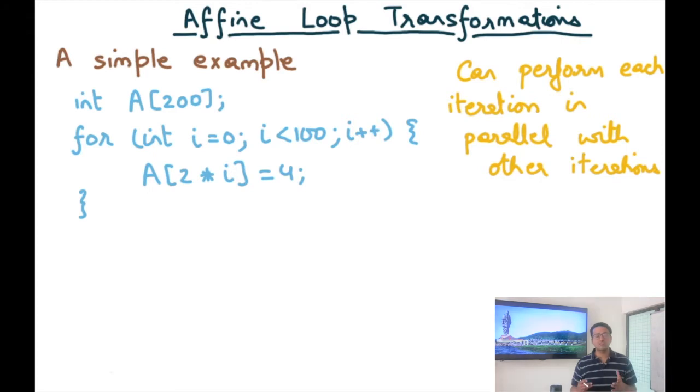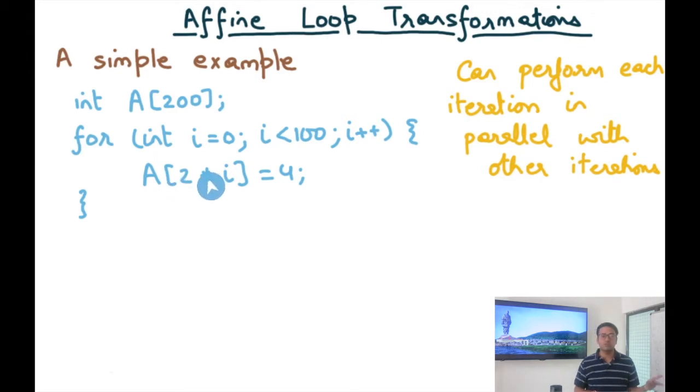And what are some optimizations that such patterns enable? Well, if you look at this particular loop, we can see that all these accesses, the 2 times i-th element of A, are all independent. So the first element would be A of 0, that will be accessed in the first iteration. In the second iteration, it will be A of 2.